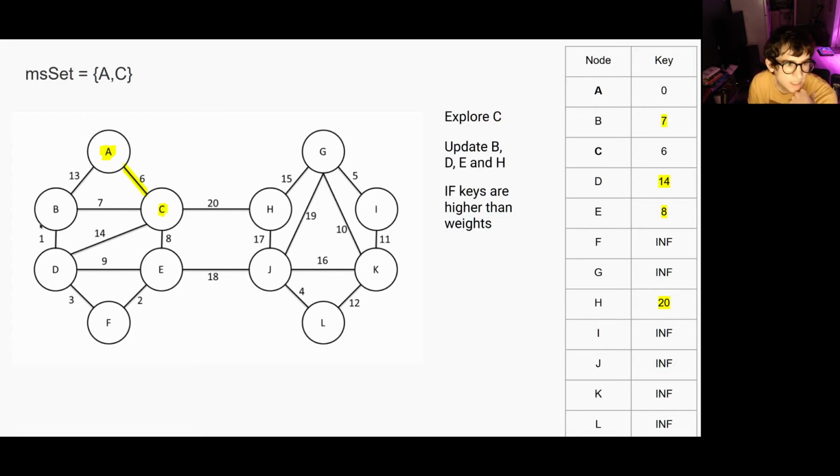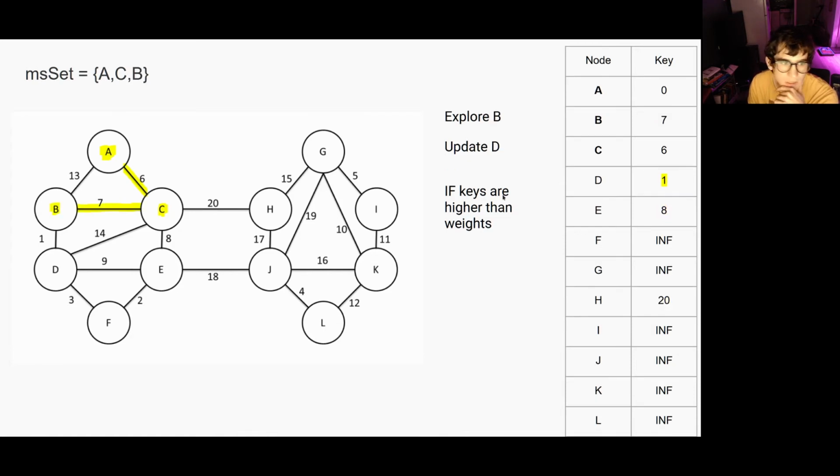Let's go ahead and consider B. Then we would just need to update D, because 1 is obviously less than 14, and then we would explore D next. Okay, great. So we update D to 1, and since 1 is lower than 8 and 20 and infinity, we're going to explore D next.